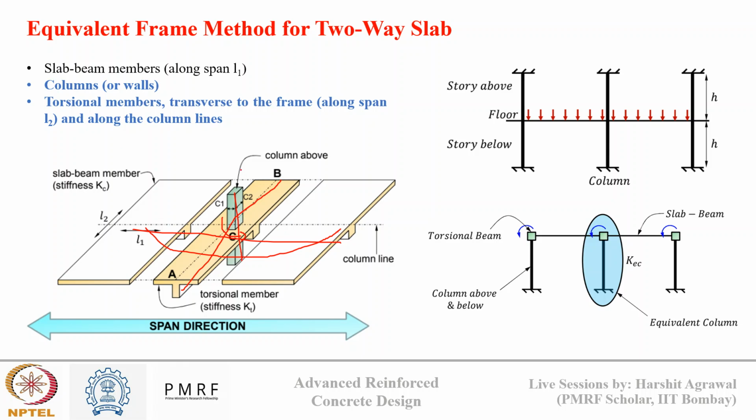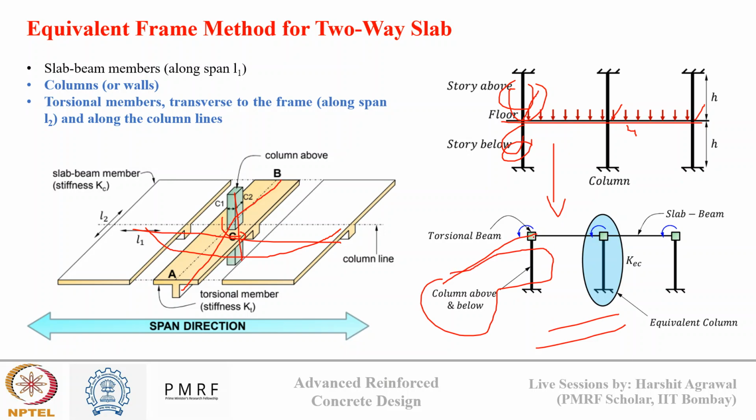Now to create the equivalent frame out of this, for the column and transverse beam, if we see in 2D a frame structure, this is my floor in longitudinal direction L1. The transverse direction is hidden behind, and these are columns below and above. For the columns above and below, we simplify this into a simple frame diagram. We combine the above and below columns as a single column, and we have the transverse beam also, which is running horizontally.